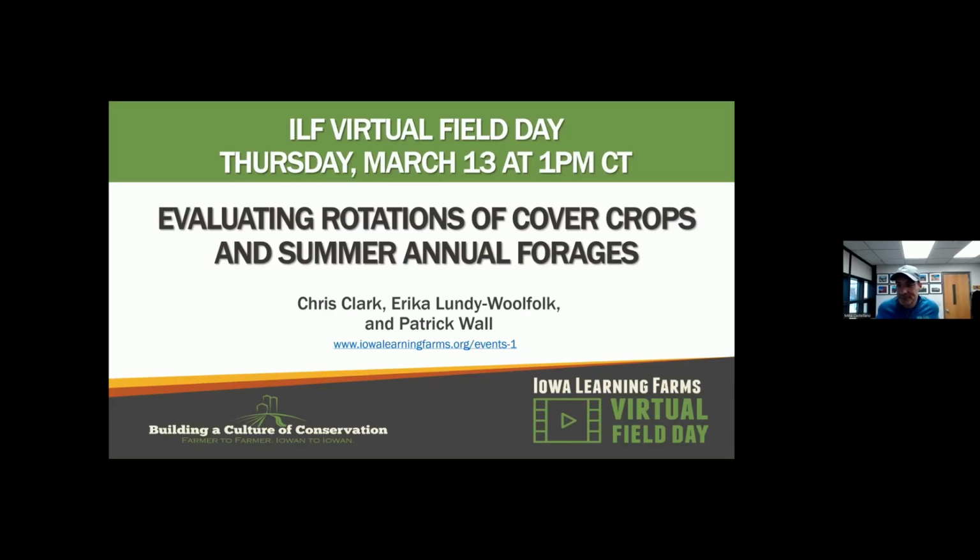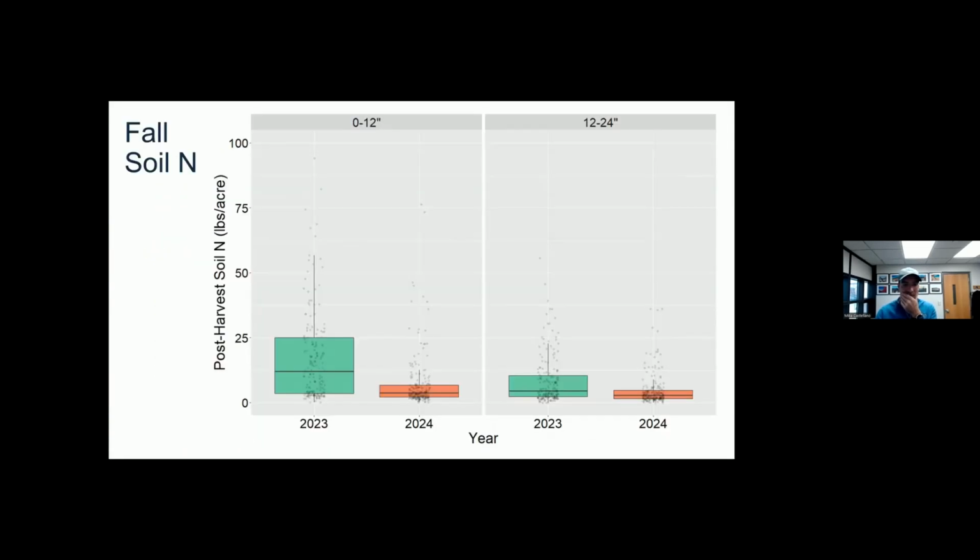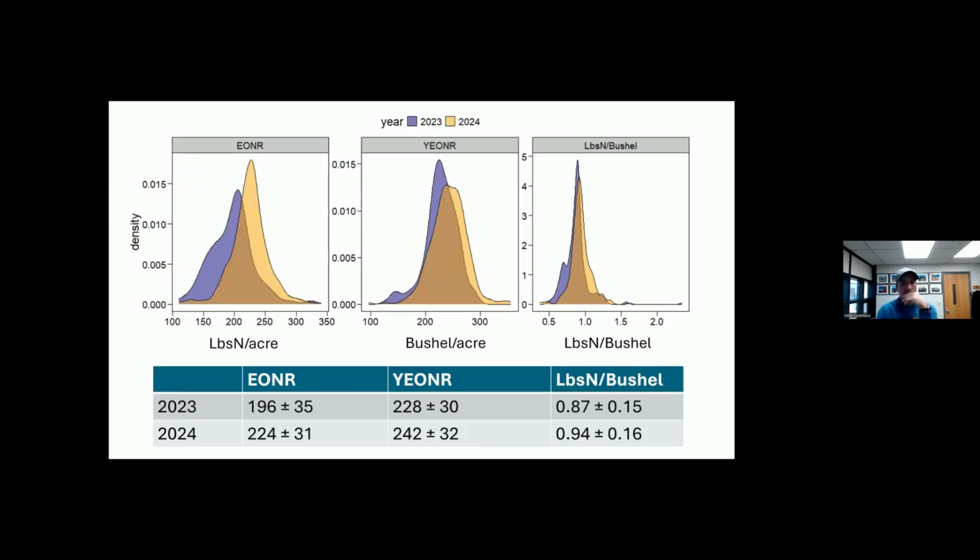So, can you go back? What was from the I&I trials in 2024? The EONR was about 196 and then 224. Has anybody ever looked at what the EONR would be from the NFACT tool over all of those sites?